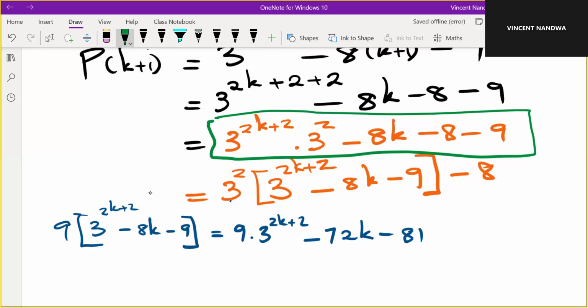So what should I do to this expression so that I have the same number as in the previous expression? The first term, there's no problem. Do you see? So how do I convert minus 72k to be minus 8k? What should I do to minus 72k so that the value is minus 8k?